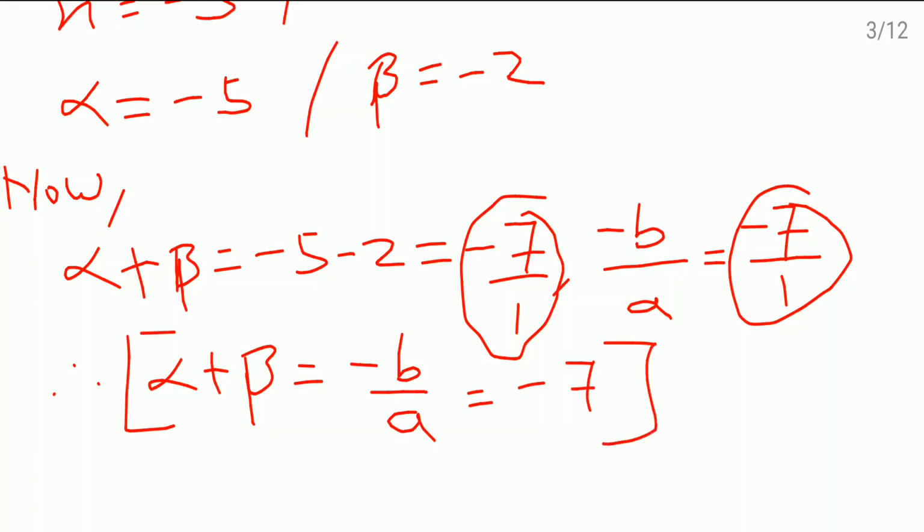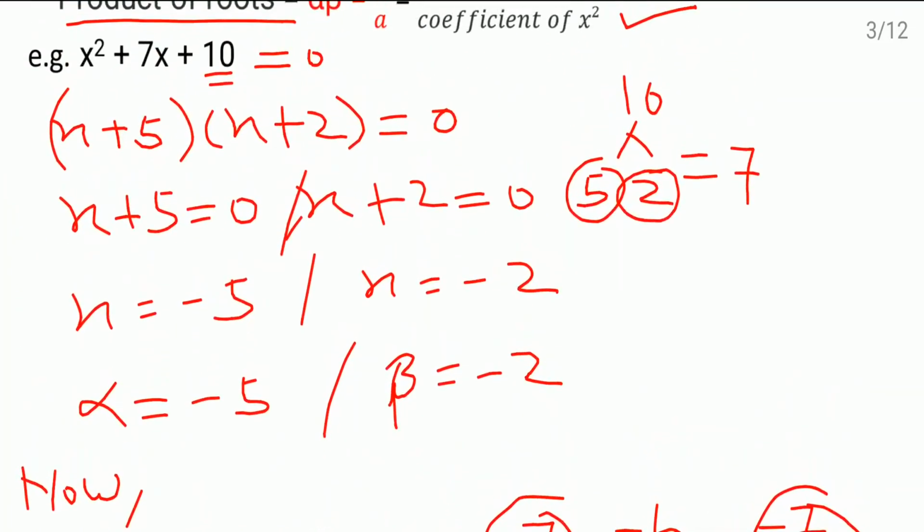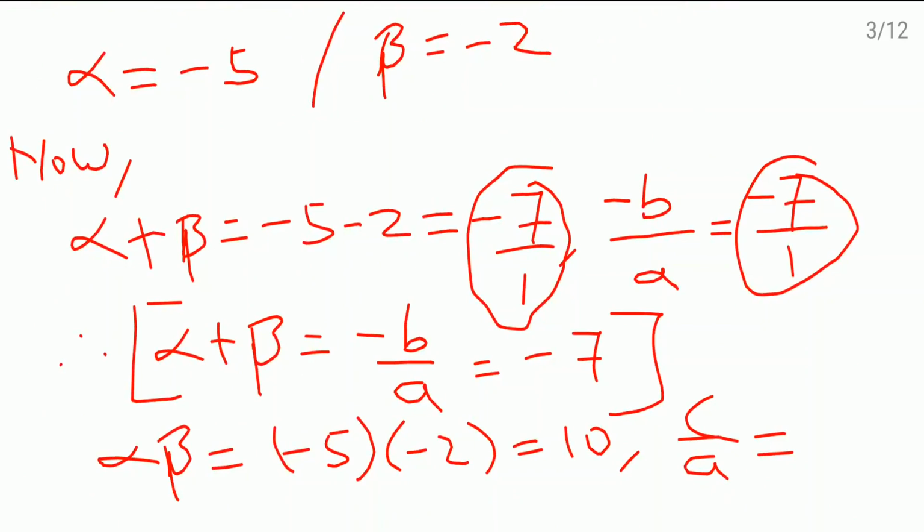Now we'll go towards the product of the zeros. Product of the zeros means alpha into beta, minus 5 into minus 2, which comes as 10. And c by a: c means the constant term. The constant term in the polynomial is 10, and a is 1, so it will become 10 by 1.